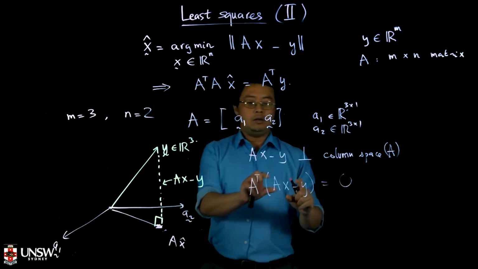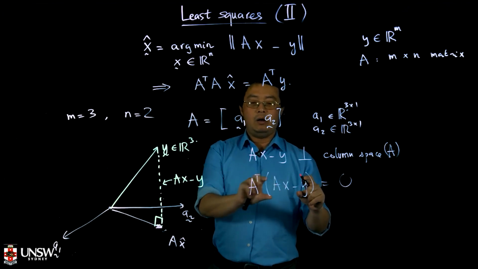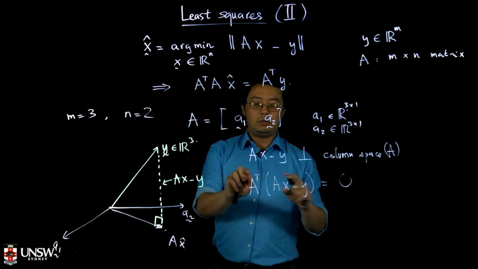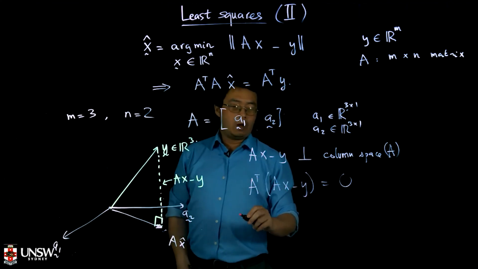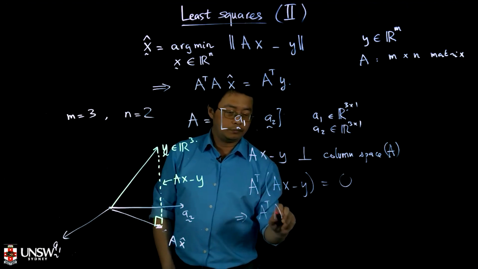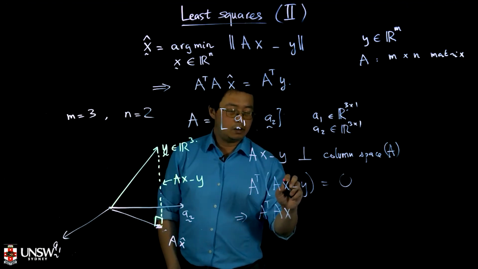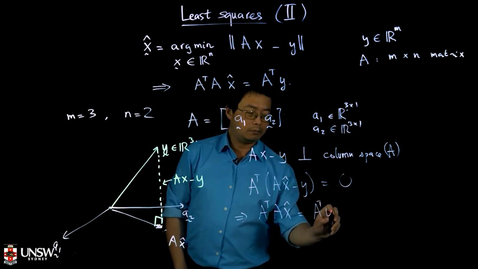Because this vector being perpendicular just means the dot product of this vector with every vector in the column space of A equals 0. And when you rearrange it, you have the normal equation: A transpose A x hat equals A transpose y.